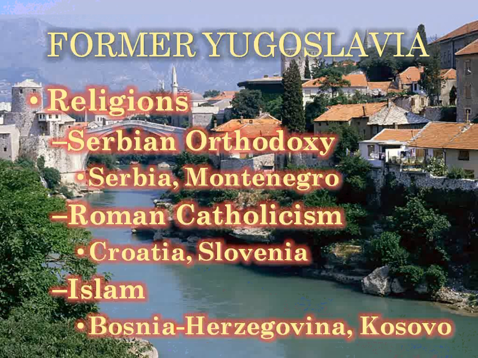So Serbian Orthodoxy in Serbia and Montenegro, Roman Catholicism in Croatia and Slovenia, and Islam in Bosnia-Herzegovina and Kosovo. What would be a good term to describe all the people in the former Yugoslavia?